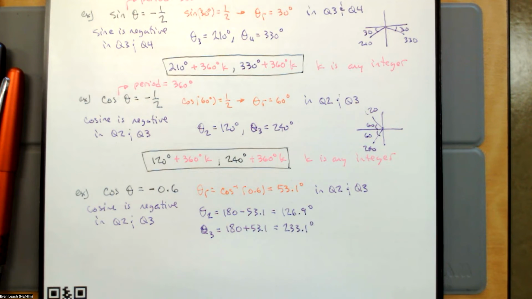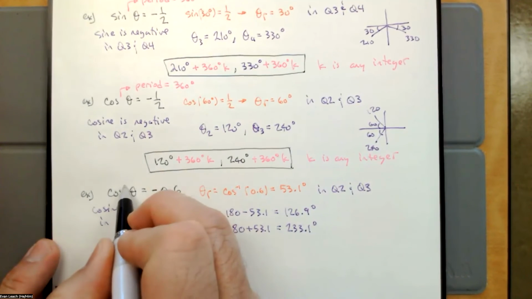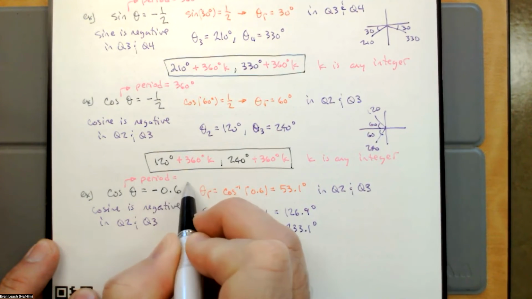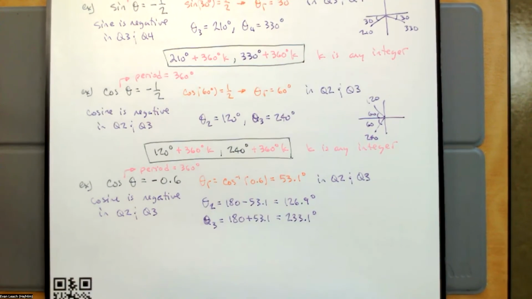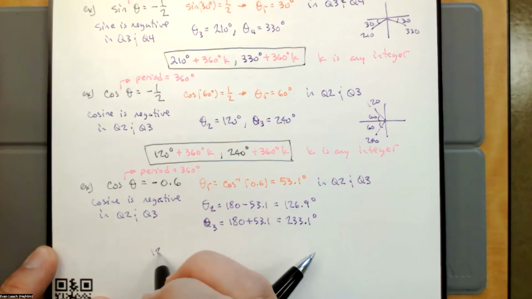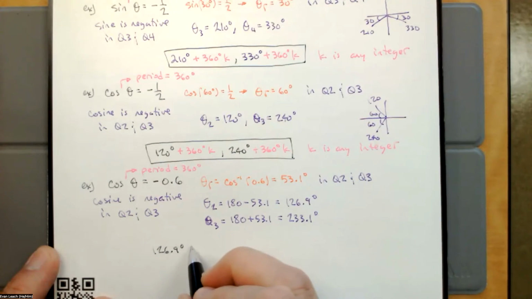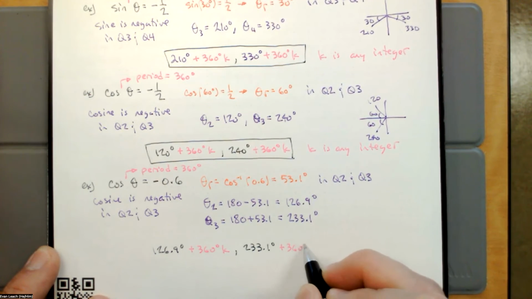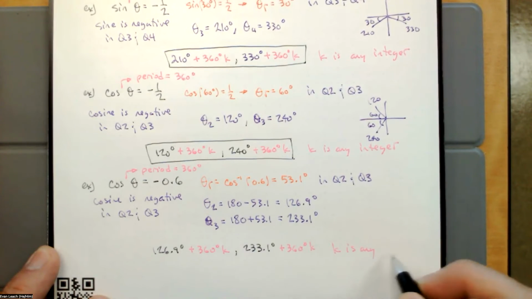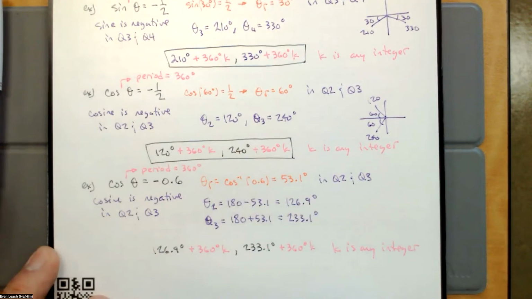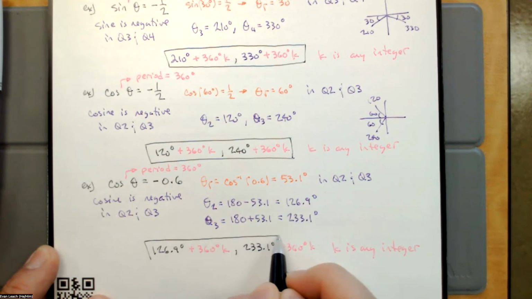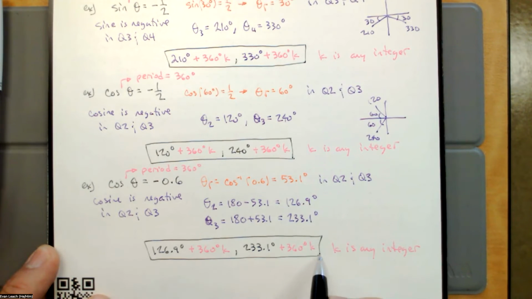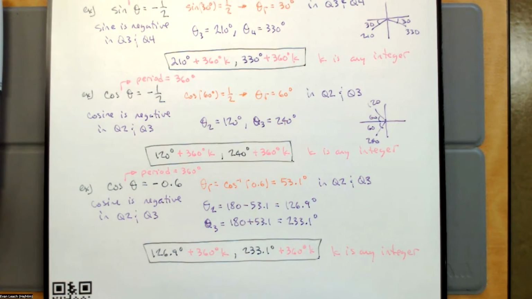Then we just have to add multiples of the period to get all the solutions. Any questions?